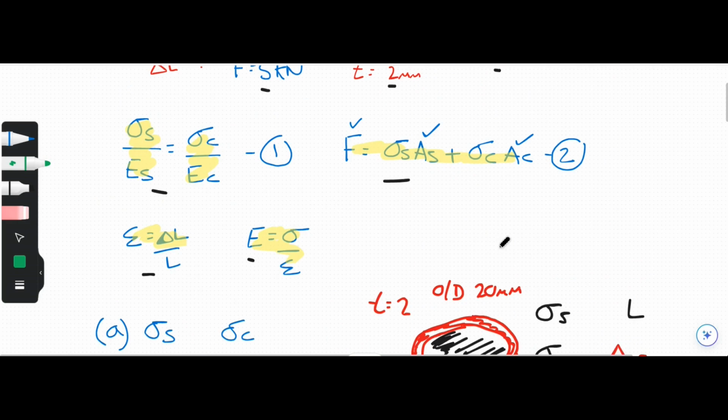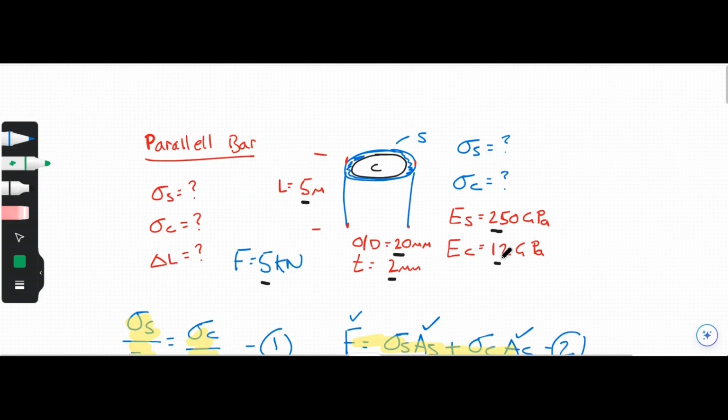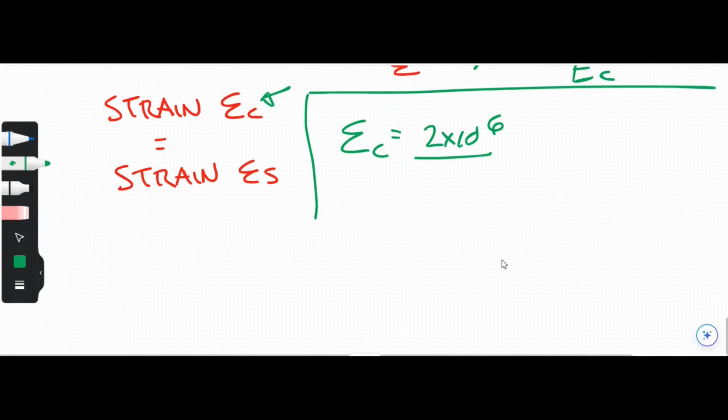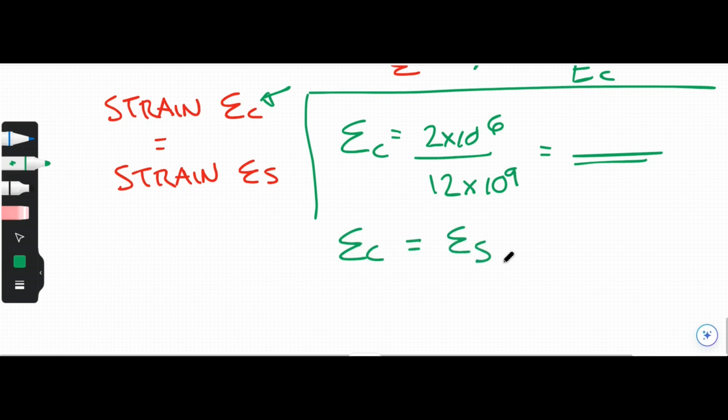Young's modulus of the concrete is 12. That will give me a number. It'll give you a number as well. Okay, so get that number. And you should find that the strain in the concrete will be the same as the strain in the steel.